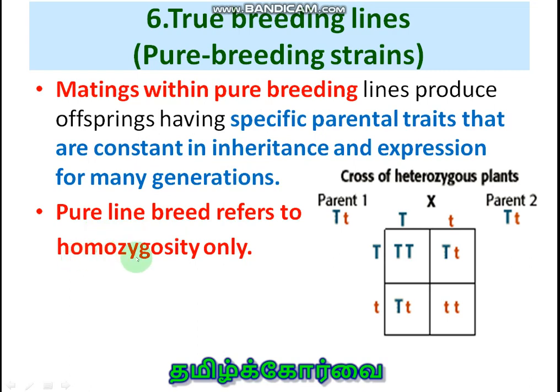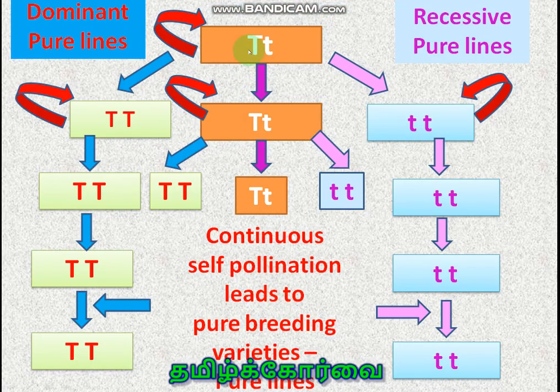So homozygosity is the rule for pure breeding. So here you see capital T, small t, right? That is what I already asked you to take note of. When it is self-pollinated, there are three varieties. It is a tall plant, but we are getting capital T, capital T and capital T, small t, both are tall, and also dwarf we are getting, so it is not pure.